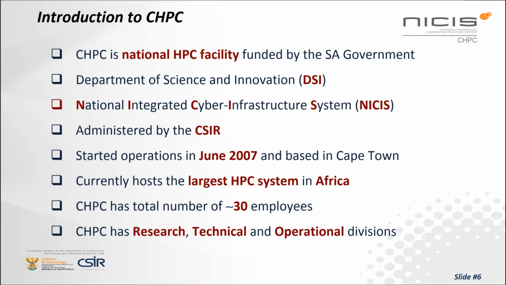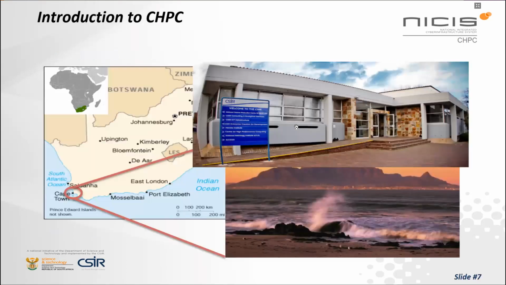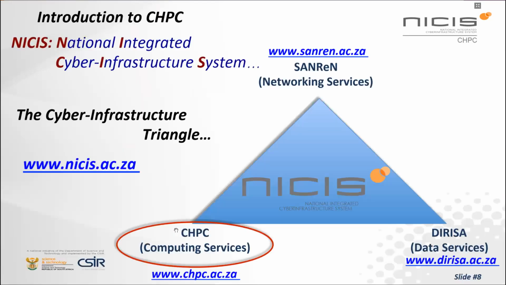The CHPC has approximately 30 employees, and we have 3 divisions, namely research, technical, and operational. We are located in Cape Town in Rosebank. This is a picture of the building where we're located.